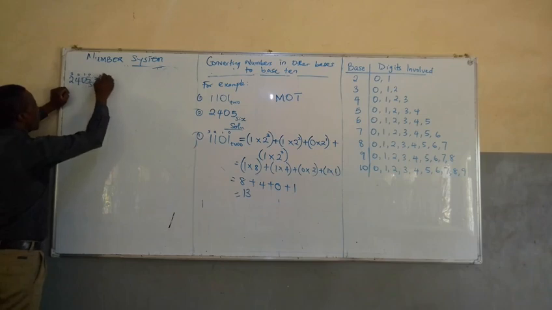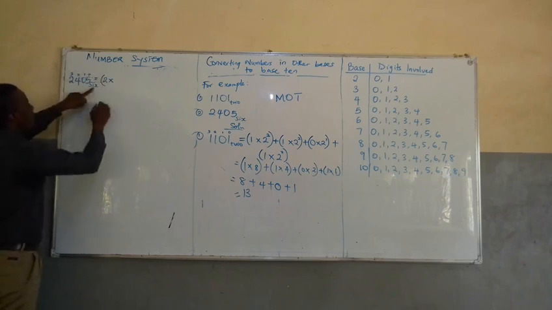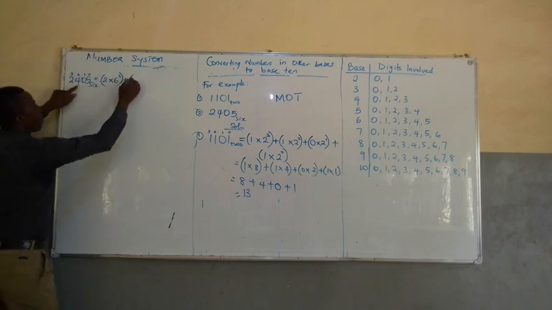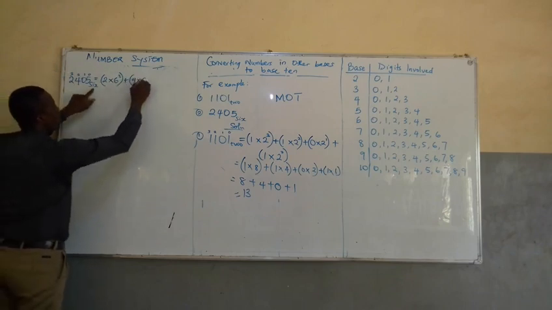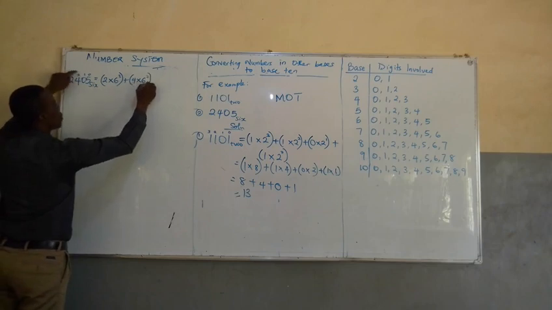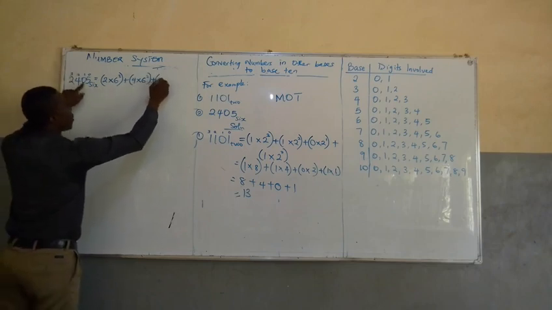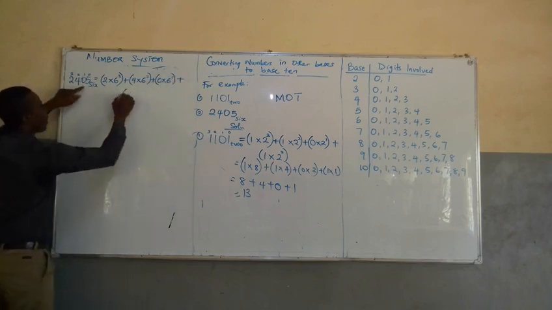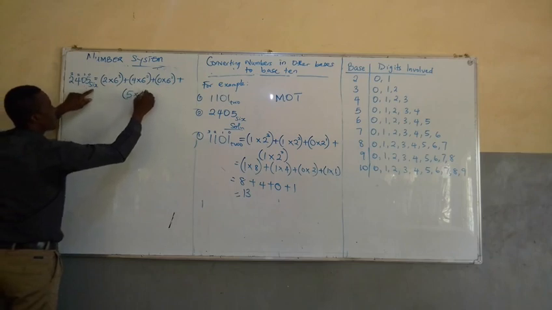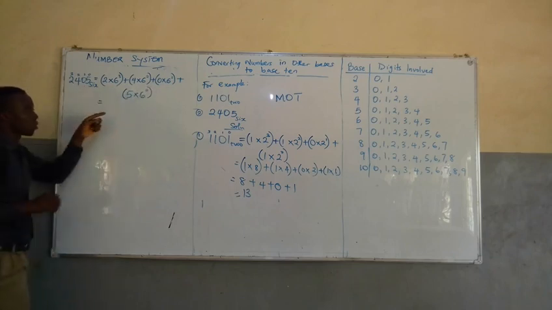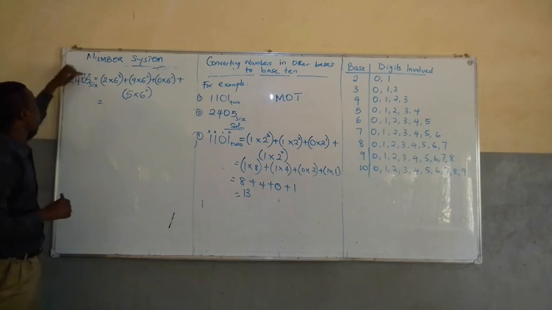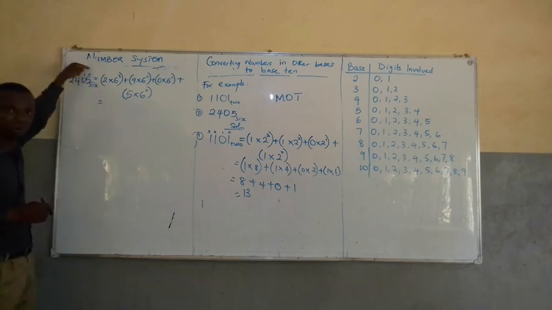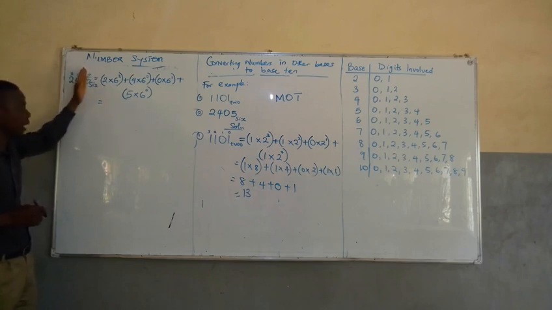It means 2 times 6 raised to power 3, plus 4 times 6 raised to power 2, plus 0 times 6 raised to power 1, and finally plus 5 times 6 raised to power 0. Don't forget, before you go on, you have to indicate powers to the base, starting from 0 and from the end here.